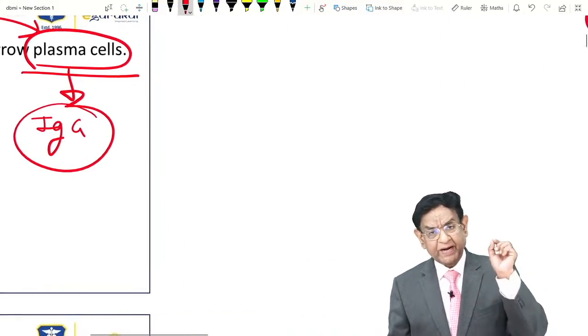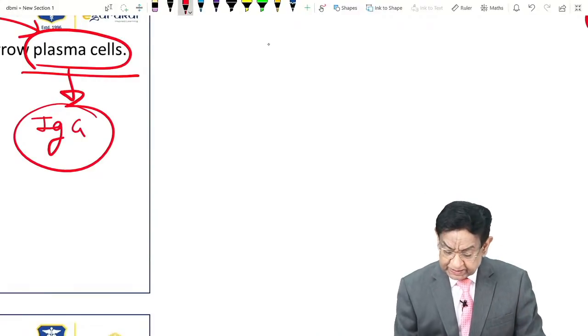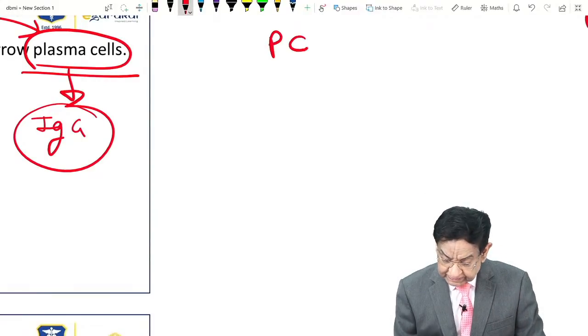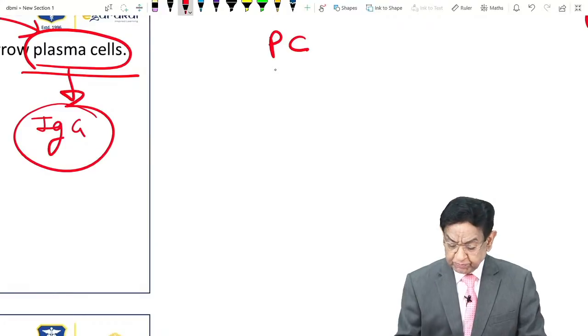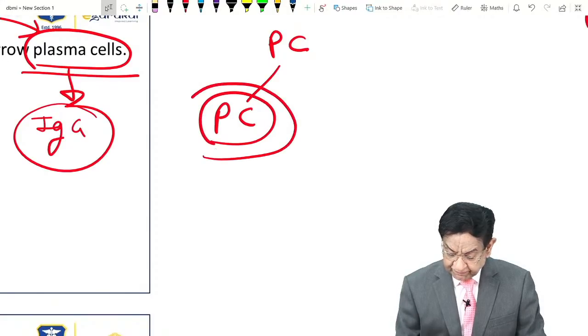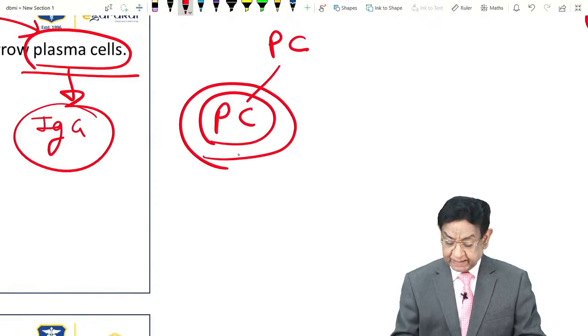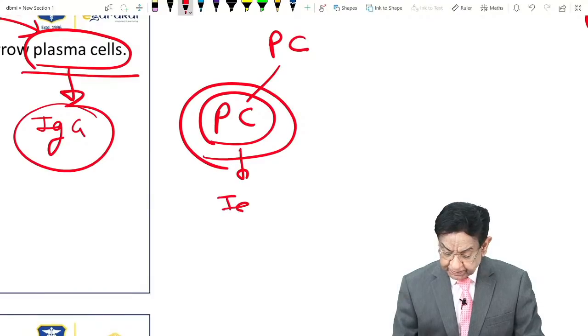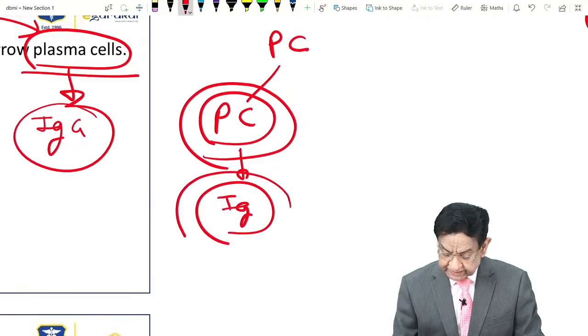But I would like to add one more thing. Well, most of the plasma cells are becoming abnormal plasma cells. They are abnormal and producing immunoglobulin, but again, it is useless immunoglobulin.